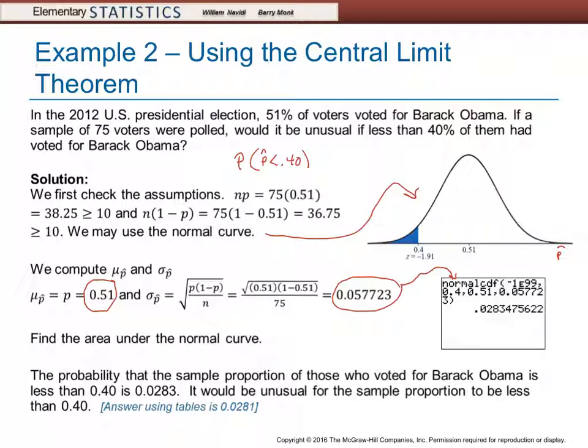Here's the lower bound, here's the upper bound, here is mu, and here's the standard error. So the probability of seeing less than 40% of the 75 voters polled is about 2.8%. And so it would be unusual for the sample proportion to be less than 40% in this particular case.